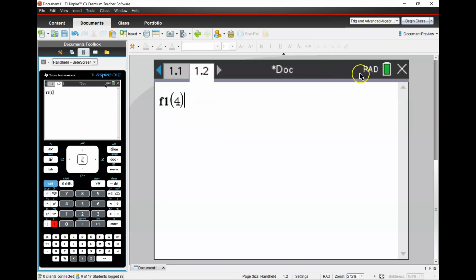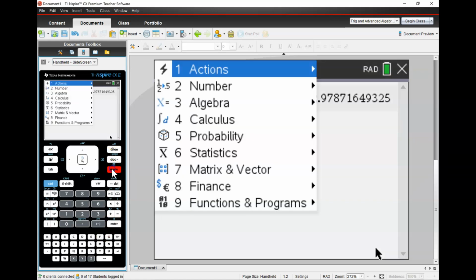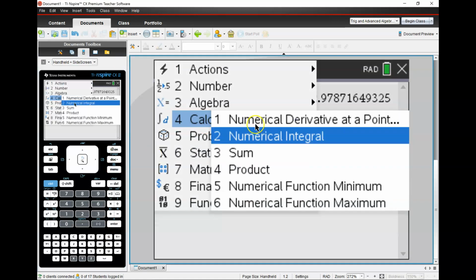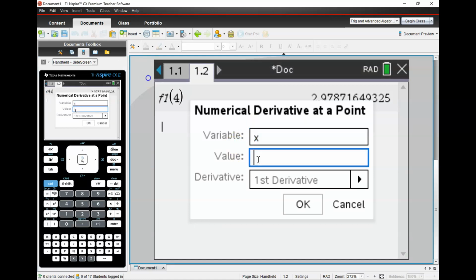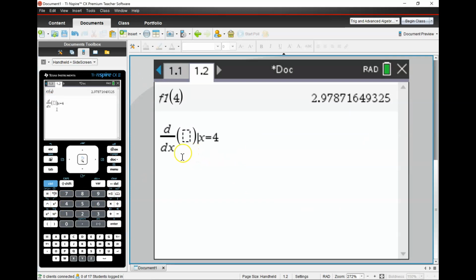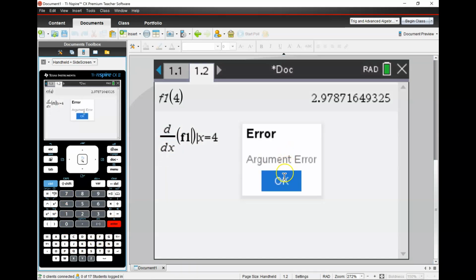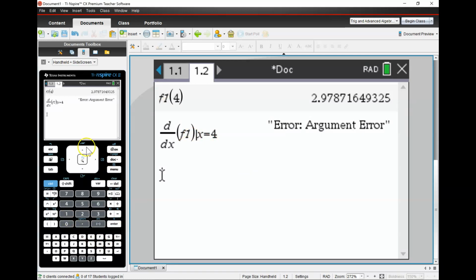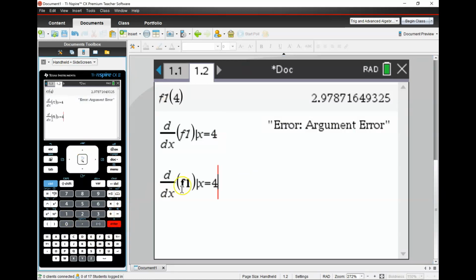Just make sure you're in radians when you cross over from the graph to here. And that's the same value. And then here I could do menu, calculus, numerical derivative at a point, at 4, first derivative. And then here I want f1 of x. See, I just went back and put it in.